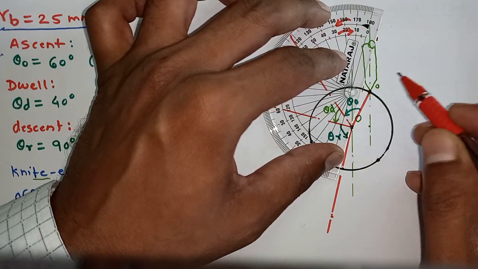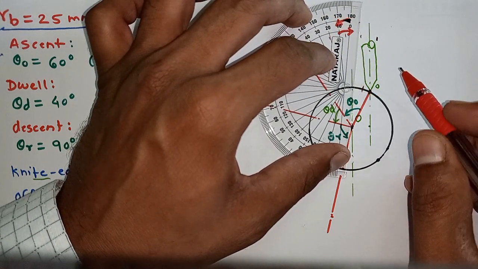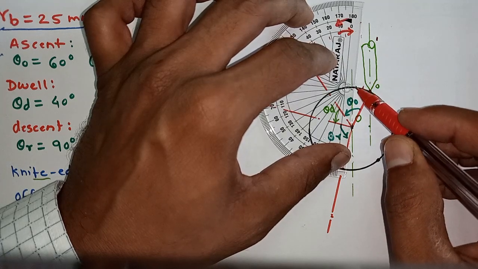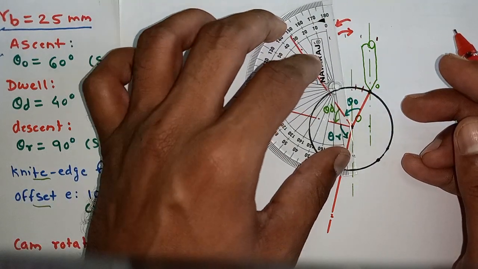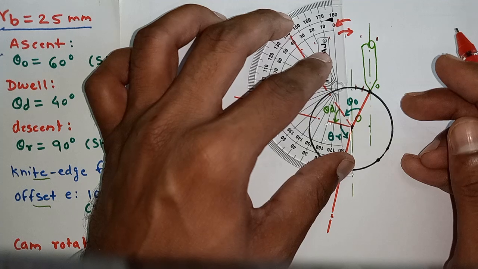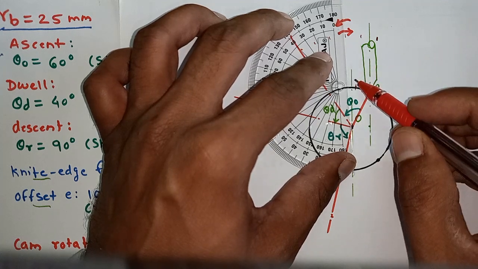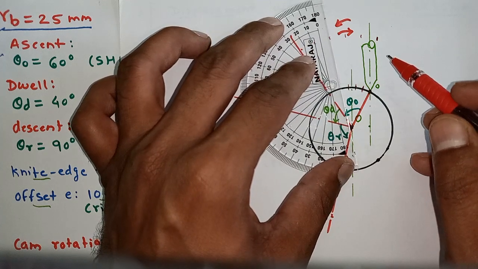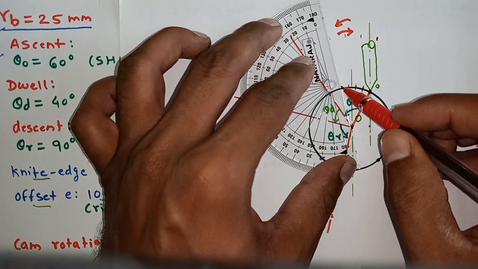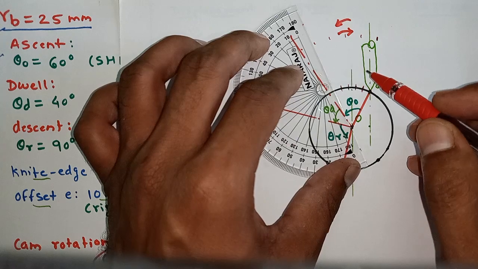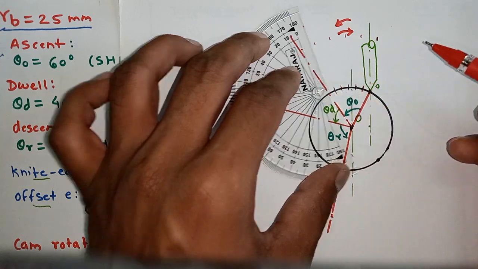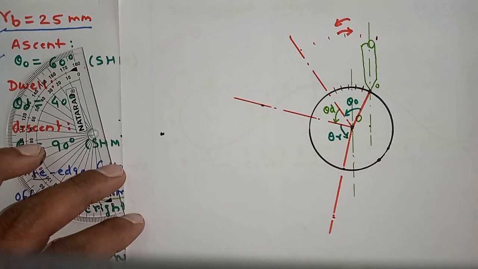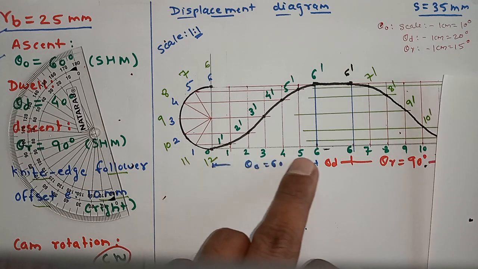So here is division number 1, division number 2, then division number 3, then division number 4 and division number 5. Okay, so these are 6 divisions.